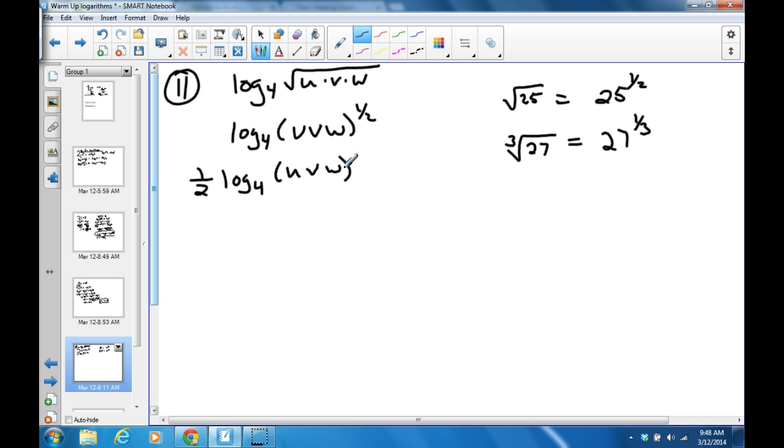Now what's the next rule I'm going to use? Yes, I'm going to use the addition rule. So it'll be 1/2. I'm going to put a parentheses on this. It'll be log base 4 of u plus log base 4 of v plus log base 4 of w.